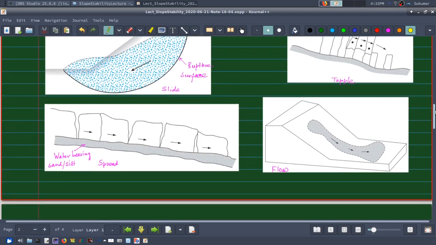next comes the lateral spread. Lateral spread is a motion where mainly the material translates, doesn't really rotate, it translates over certain flowing kind of layer. Usually that layer is water bearing silts or sands.